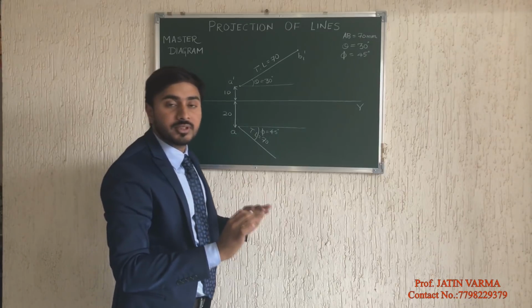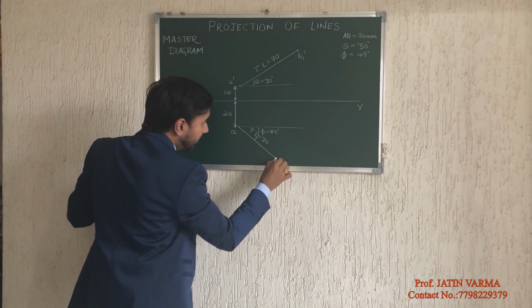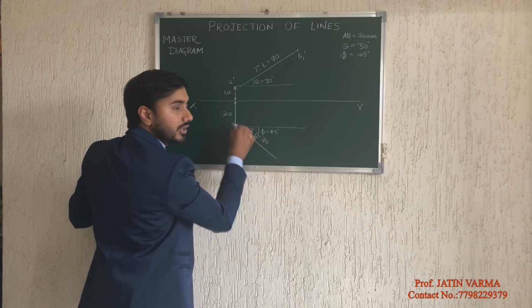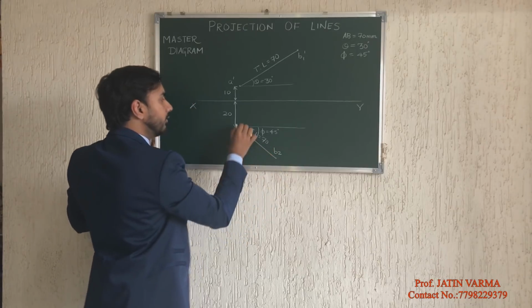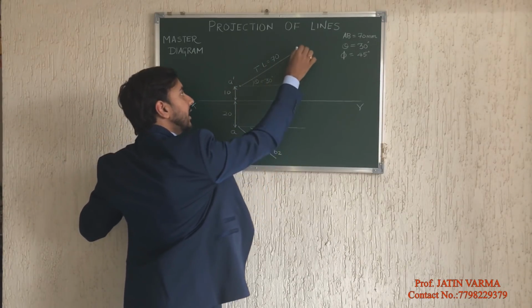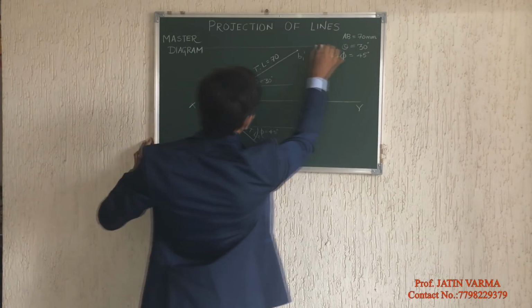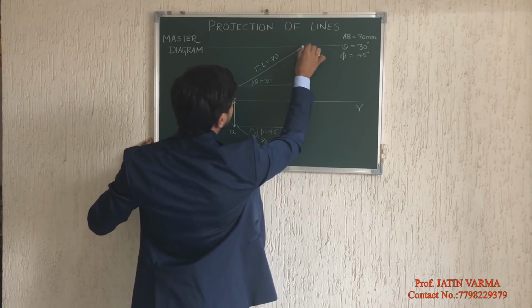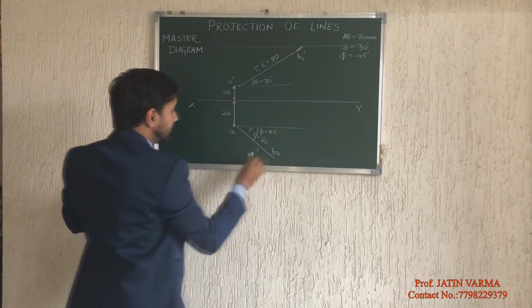Understand, front view is always with dash and top view is without dash. So this point I am marking, this is my true length but related with top view. I am marking this point as B2. It will always be AB2, and over here it will always be A dash B1 dash. Now I am drawing one line which is parallel to XY, passing through B1 dash.